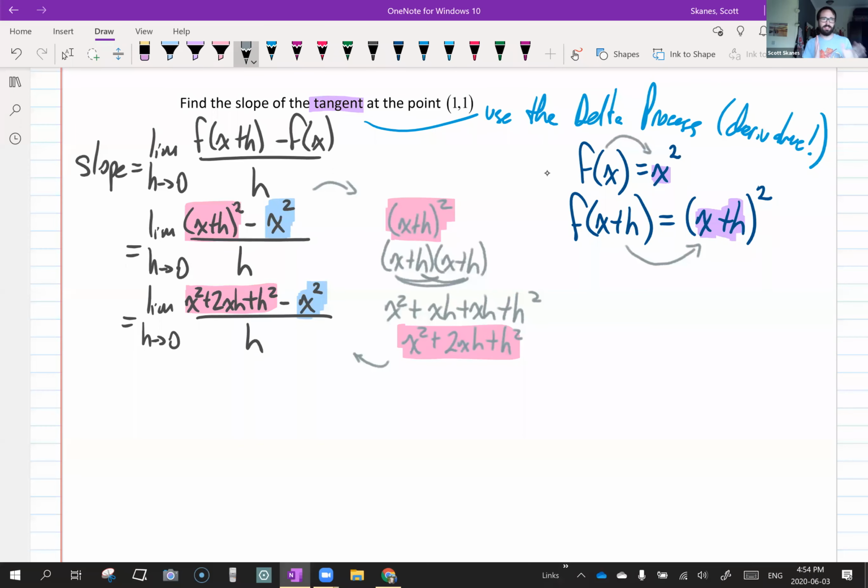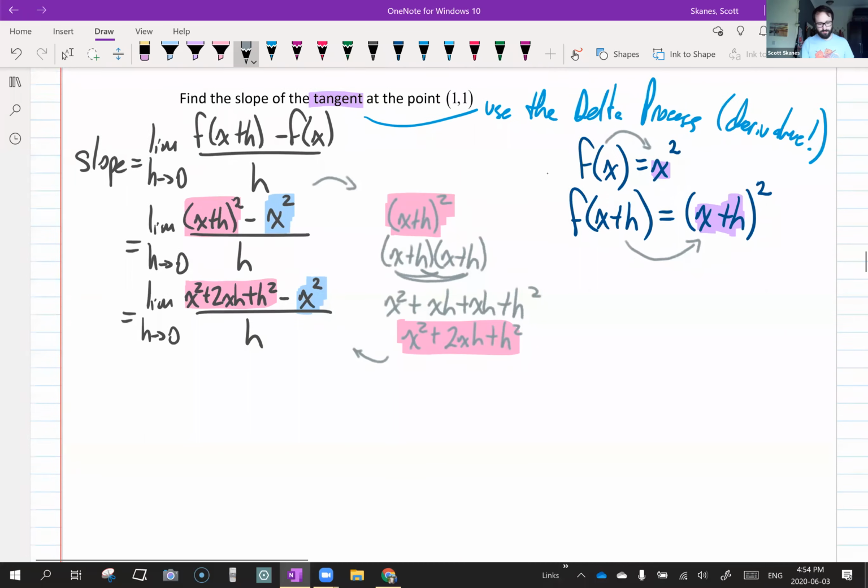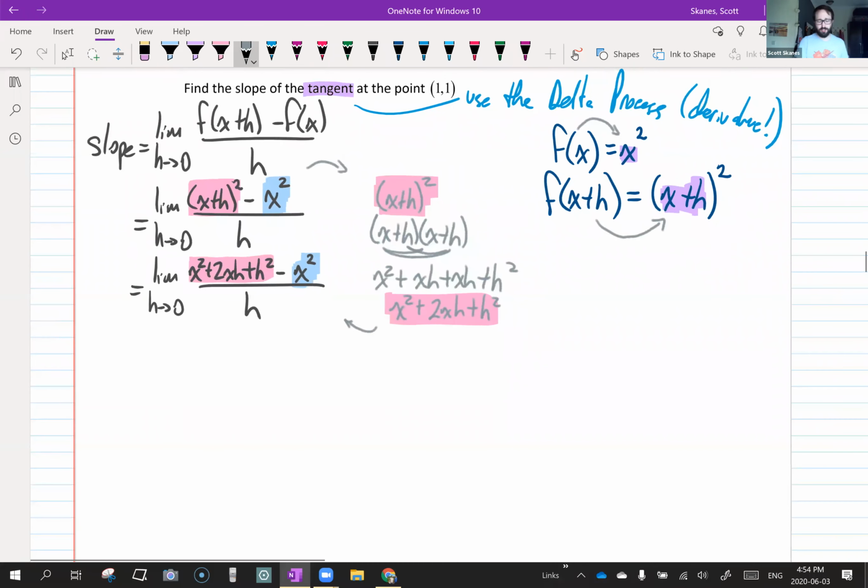Now I'm going to cancel anything that I can. I'm going to factor everywhere that I can and try to get the limit of this thing. Just treat it as a regular limits question now. So let's see, what can I cancel? x squared can cancel with another x squared. And that's about it.